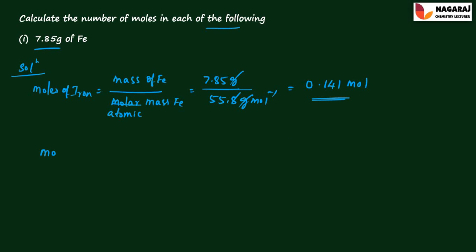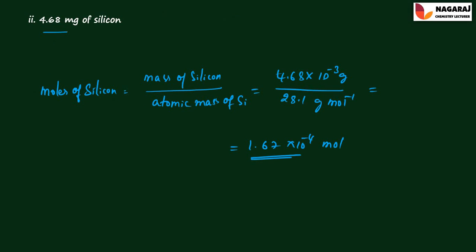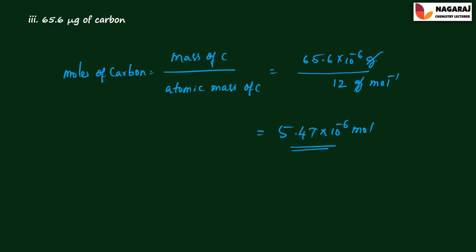That is, 7.85 grams of iron contains 0.141 moles of iron, and 4.68 milligrams of silicon contains 1.67 into 10 to the power minus 4 moles, and 65.6 micrograms of carbon contains 5.47 into 10 to the power minus 6 moles. So this is the method used to calculate the number of moles of the element if they have given the atomic masses of the elements.